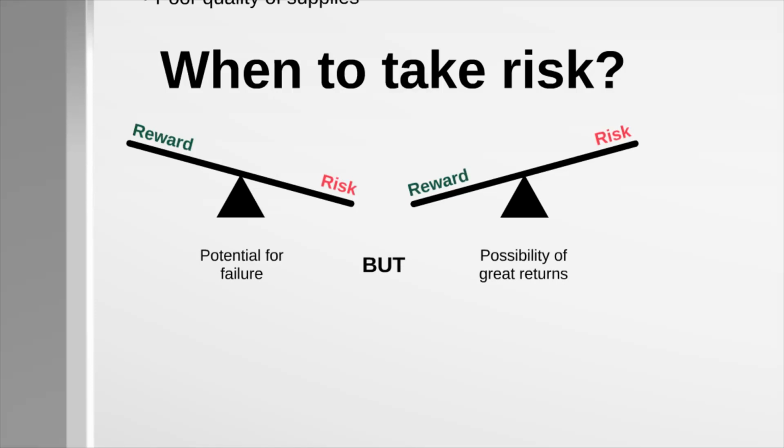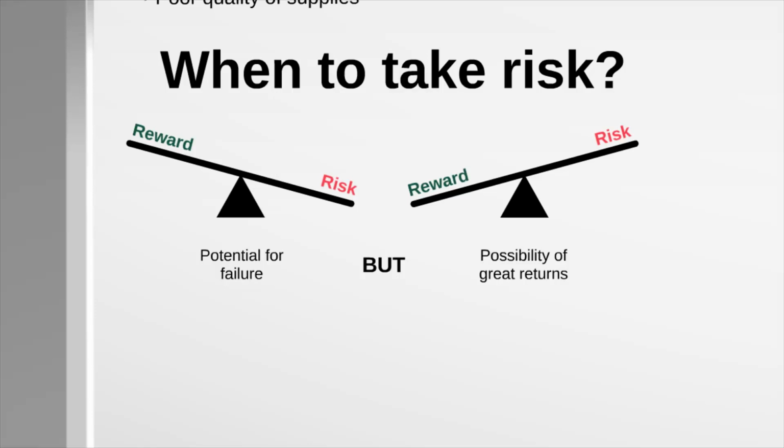But there is the potential for failure in the scenario where the reward is better than the risk. And there's also the possibility of returns when the chance of reward is lower than the chance of risk.